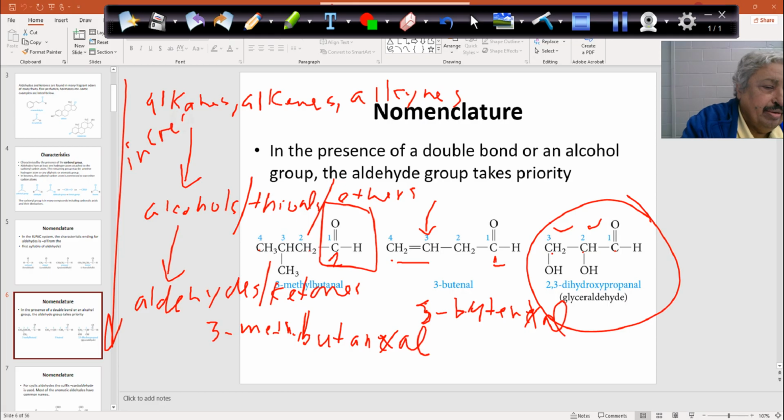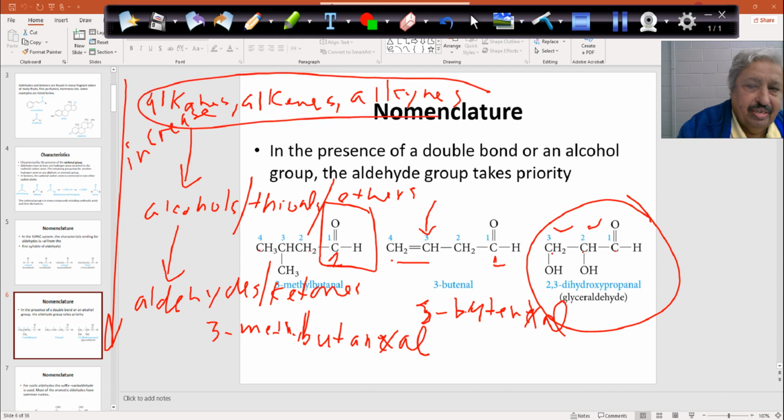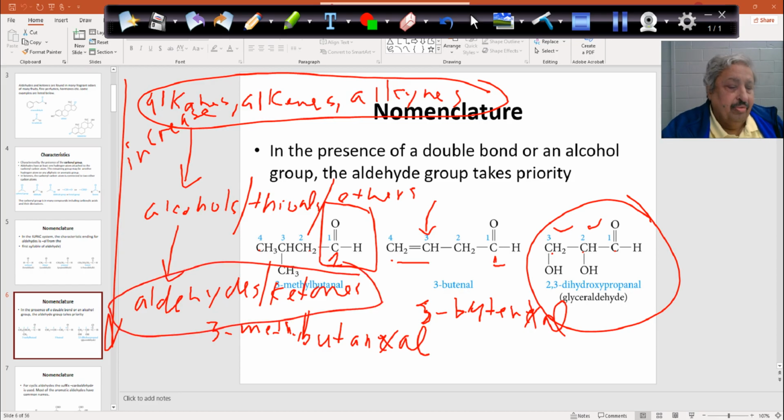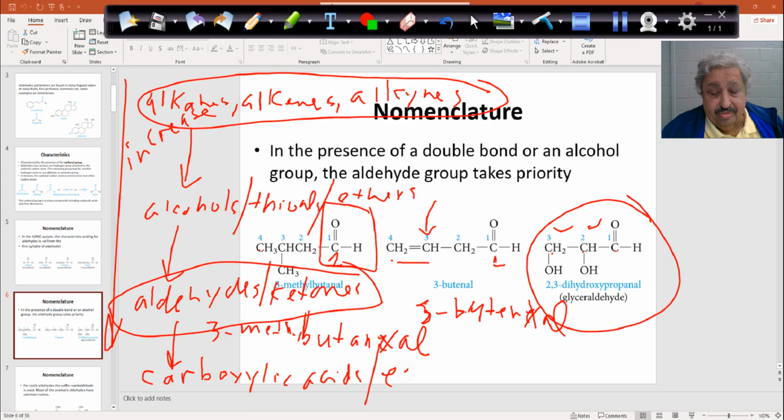Who will take the name, the functional group? What we name the structure? This is the least in the sequence of naming any molecule, and this is the highest. Now it goes further: aldehydes and ketones, then carboxylic acids, and esters.